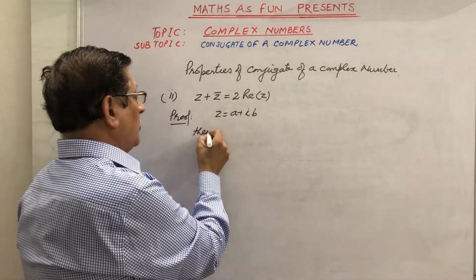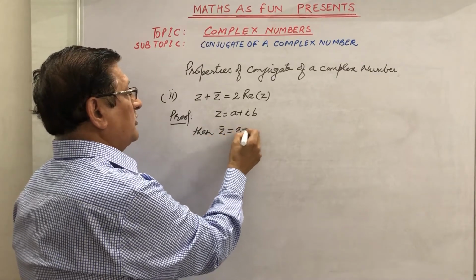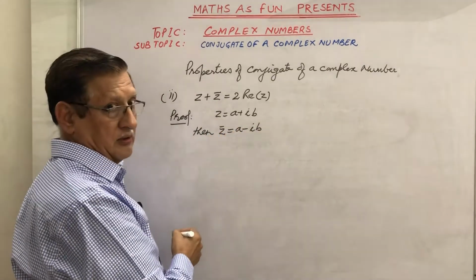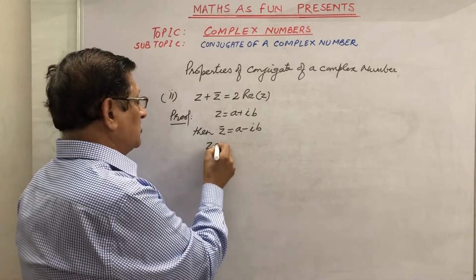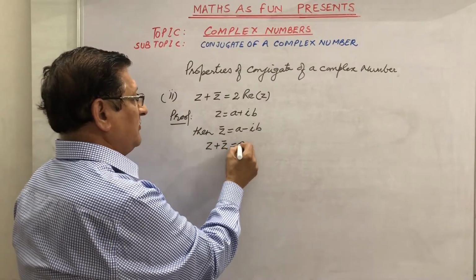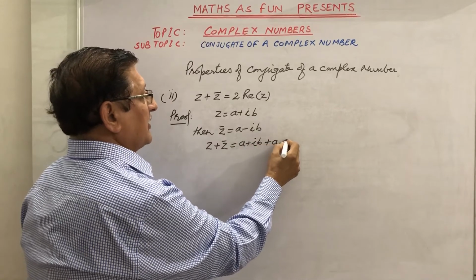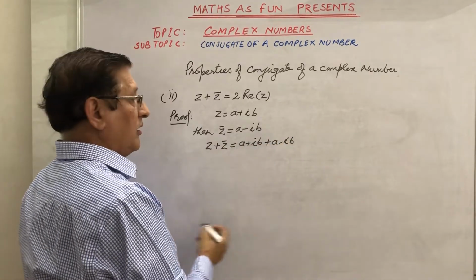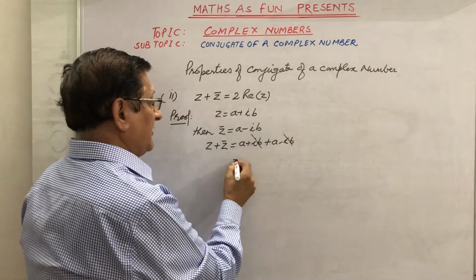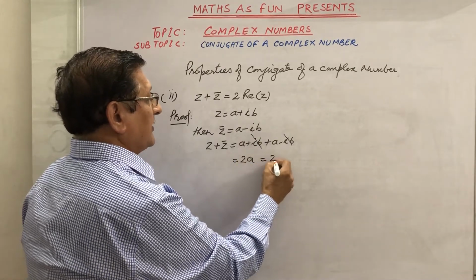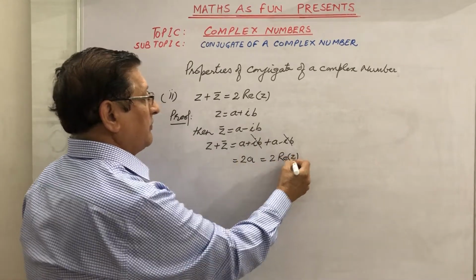Then we know z bar is equal to a minus iota b. If we add the two, z plus z bar, this will be a plus iota b plus a minus iota b. Iota b and iota b will be cancelled. This is twice a, and this is equal to twice the real part of z.